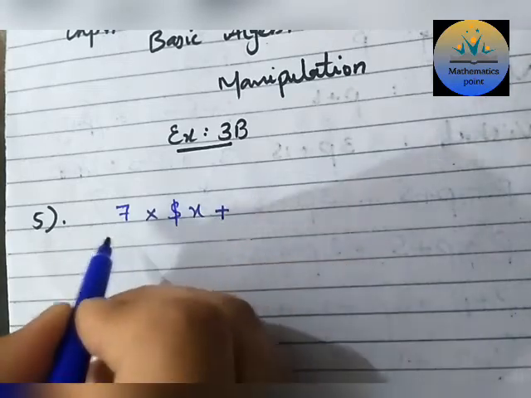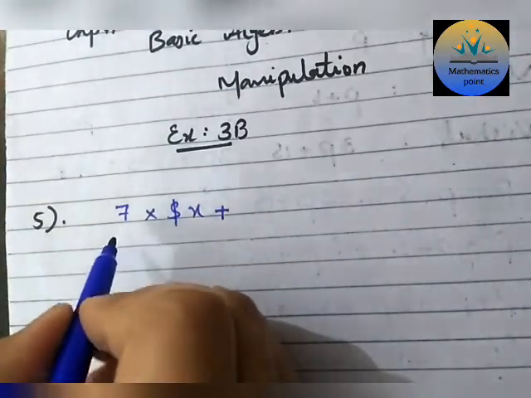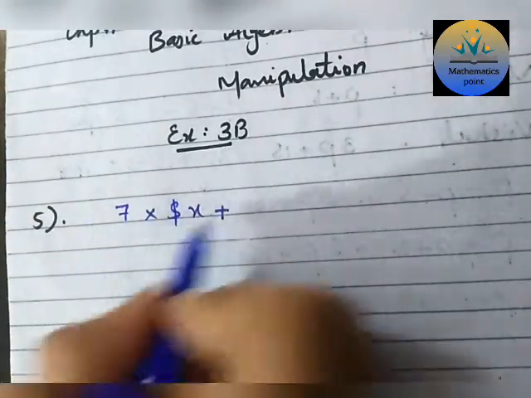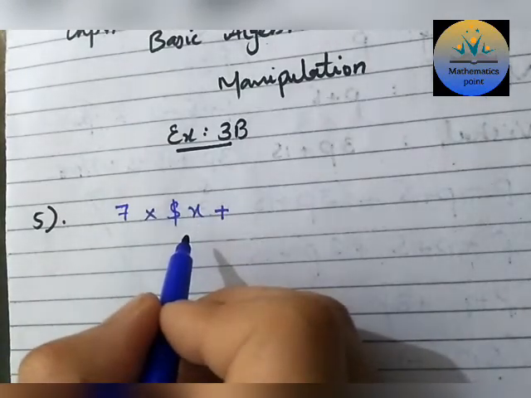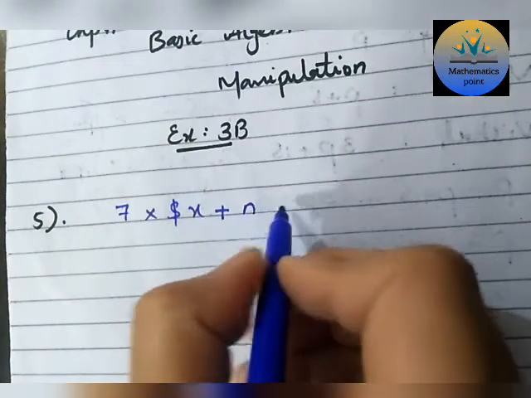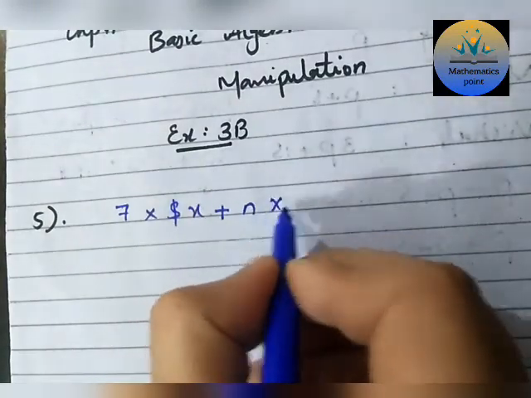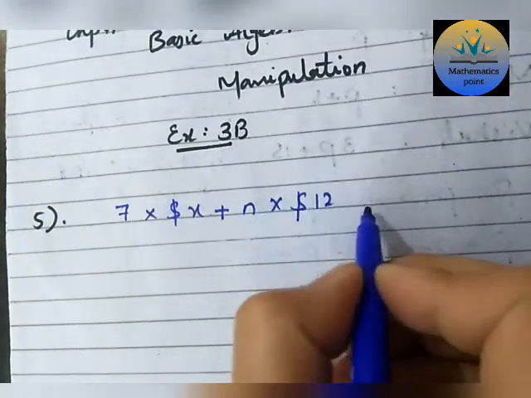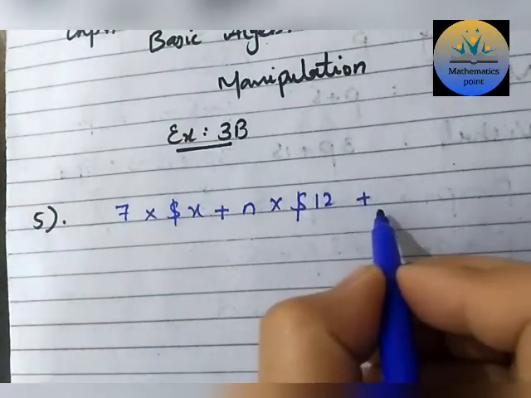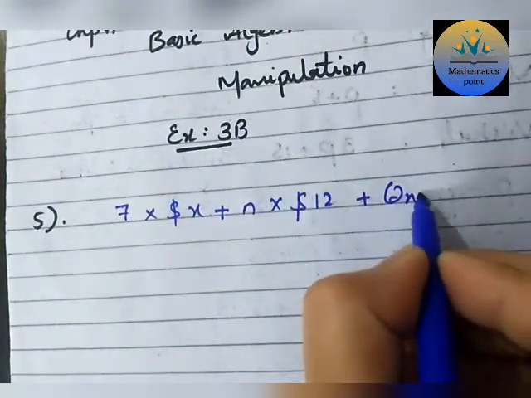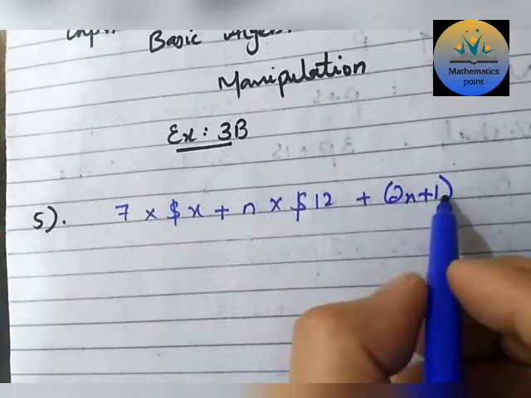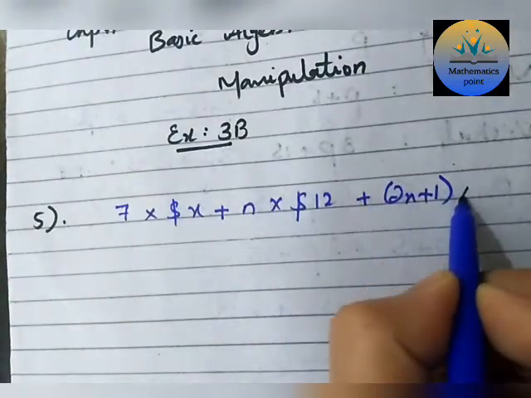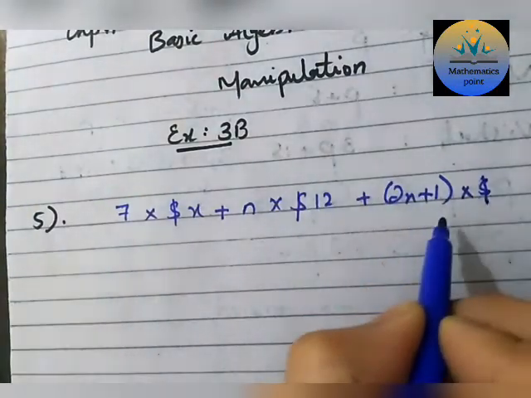Then, as it is the total of the skirts she bought, we use the plus sign here. Then N skirts multiplied by $12. Then 2N plus 1 skirts at which price? $15. Yes, 15.